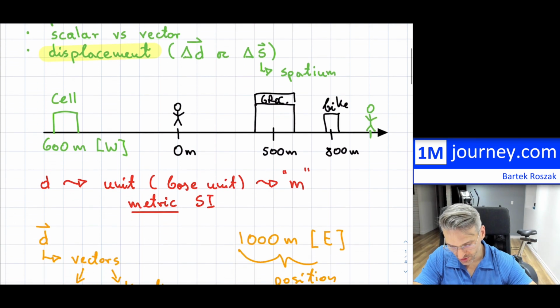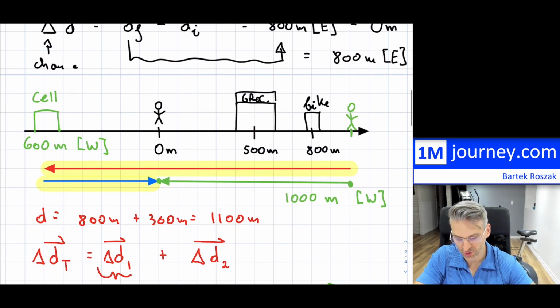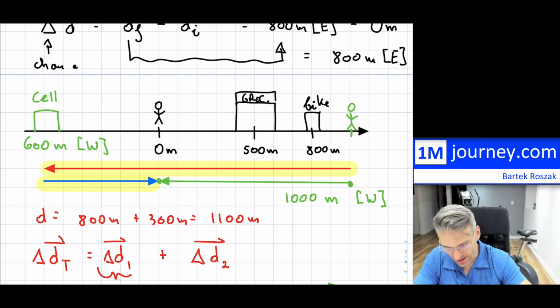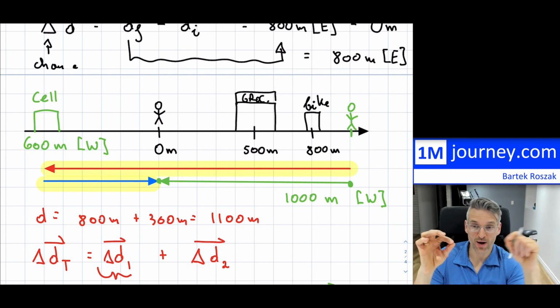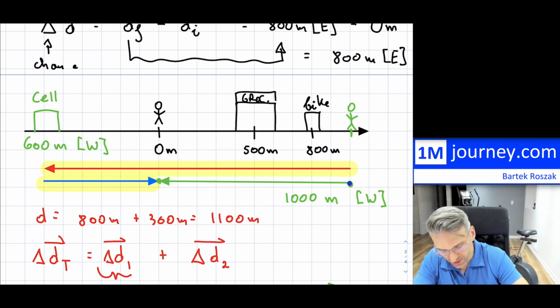In order to capture them, we can use vector diagrams. Where they start is the tail, the starting point, and where they end is the head or the tip. You can draw them, especially in one dimension, and find what the resultant displacements are.